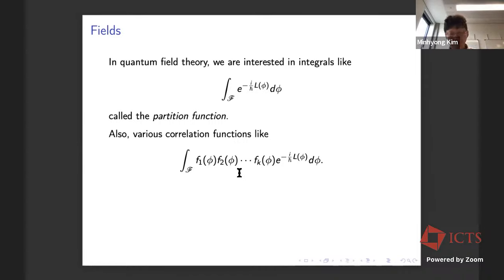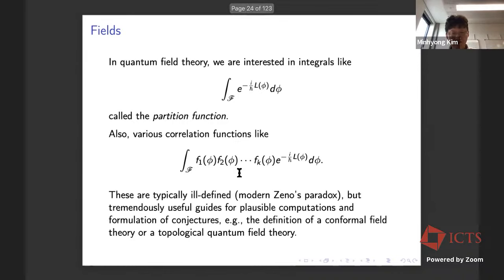Now, the problem is that these are typically ill-defined from a mathematical point of view. Any normal computation of such a thing gives you infinity. So physicists do a lot of things to extract approximations to this integral that yield finite quantities. The approximations themselves are also typically infinite.